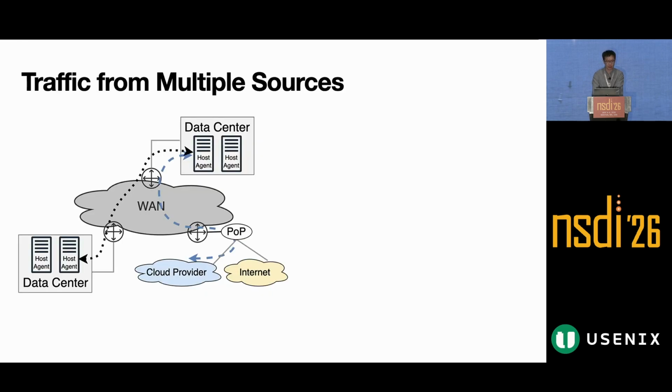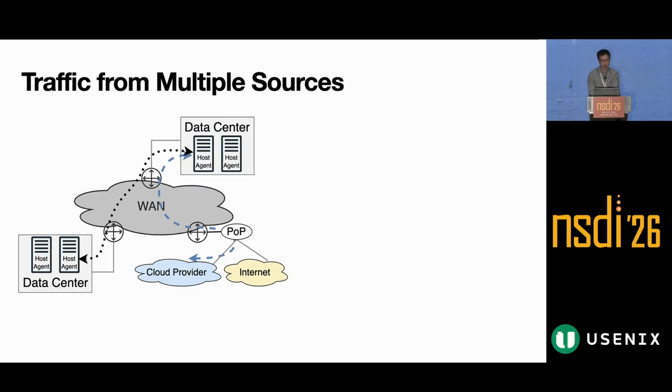One unique scenario in our backbone network is the mixture of traffic originated from heterogeneous types of sources, such as self-managed data centers, CSPs, and the internet. Based on our service scenario, backbone traffic is categorized into two types, host-to-host and external-to-host. Host-to-host means traffic originates from internal servers to internal servers.